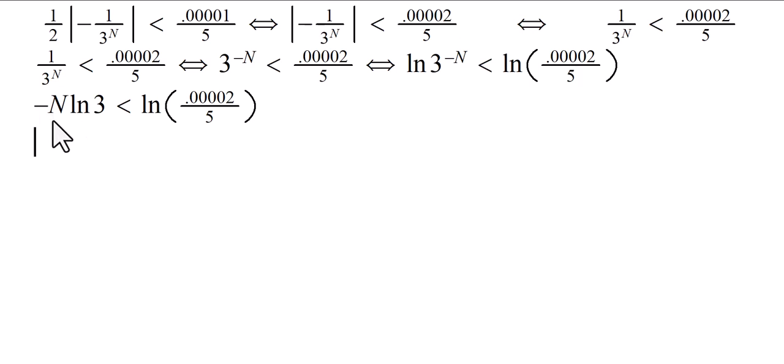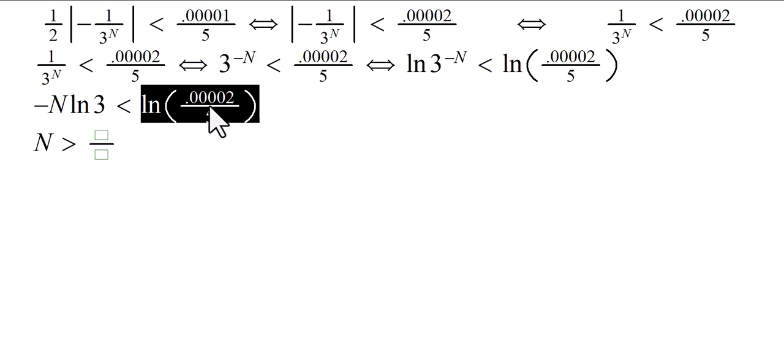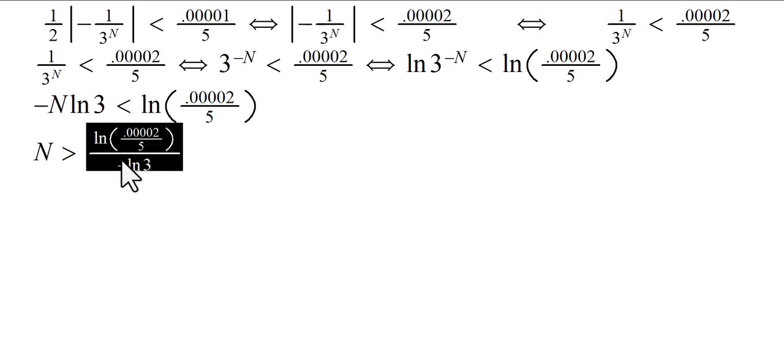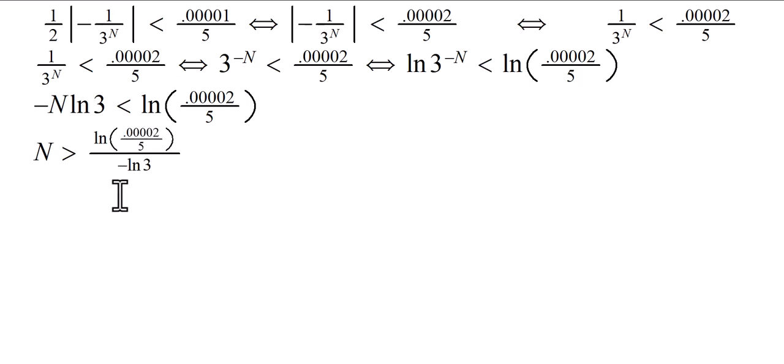And now if we divide by negative ln of 3, what will happen? ln of 3 is a positive number, so negative ln of 3 is negative, so the inequality will change to greater than; it will reverse. So we have this here divided by negative ln 3. Now you may use your calculator to obtain this value right here.